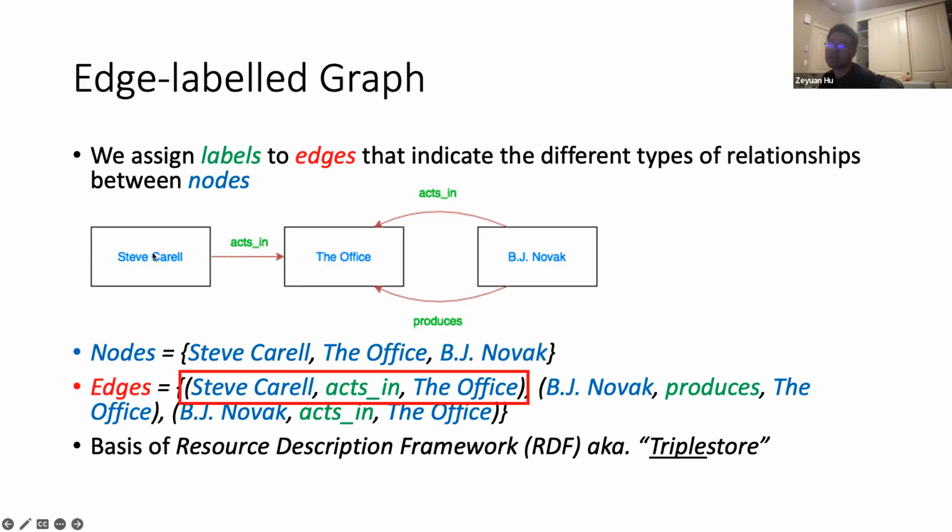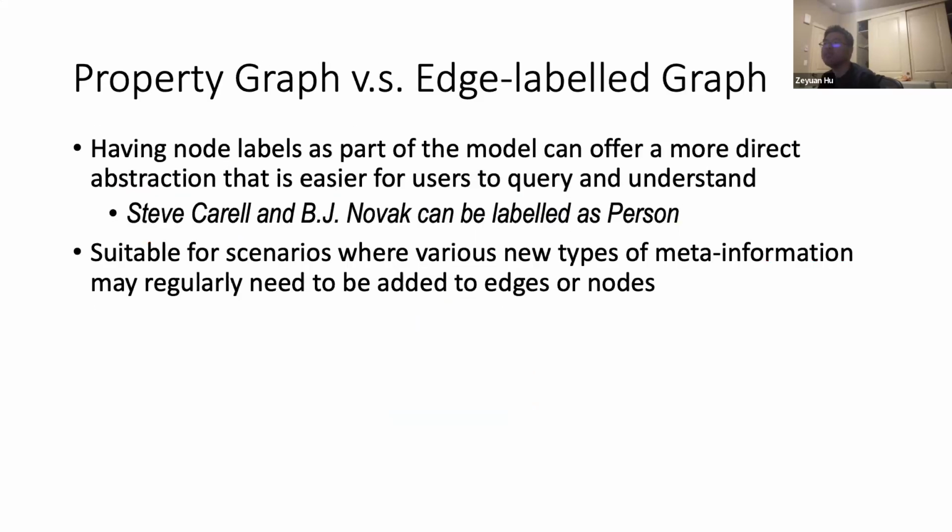In this case it's obvious that this is a person's name, so this node represents some person. And then, for instance, The Office may represent some office, or in this case, a TV show. So that can cause a little bit of confusion.